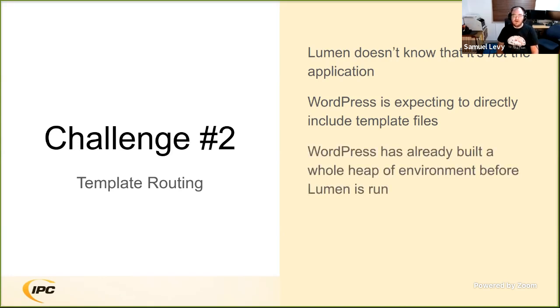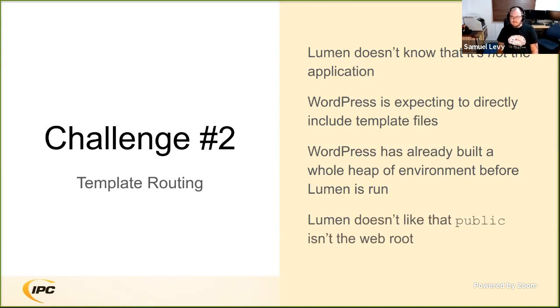WordPress already has a whole bunch of the environment built and running before Lumen gets run. So WordPress already knows what page is being requested, whether the user's logged in, whether the user can see that page, their query, the number of posts, which posts there are, all these things. Lumen doesn't know any of this stuff straight off the bat.